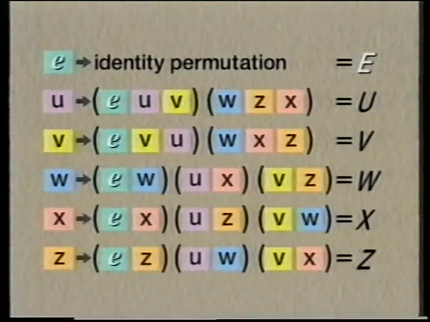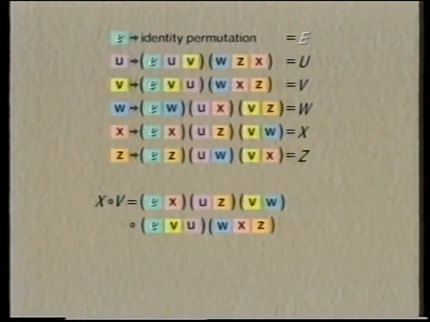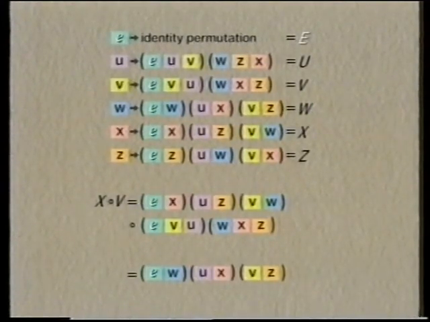The answer is yes. To see this, let's just investigate closure. For closure, we have to establish that the composition of any 2 of the permutations gives another one of the 6. Let's try an example. Permutation X, composed with permutation V, turns out to be this permutation.